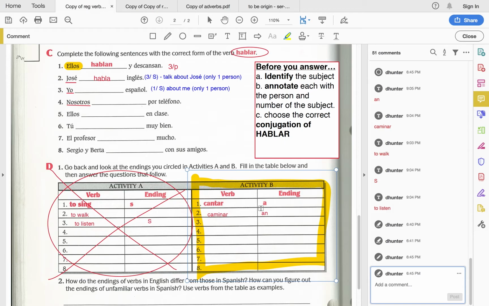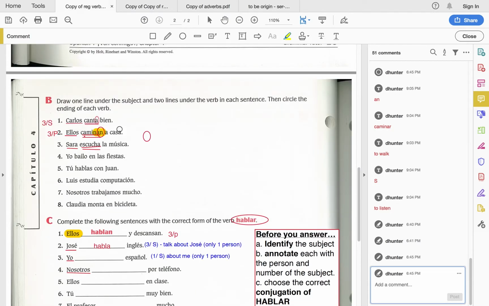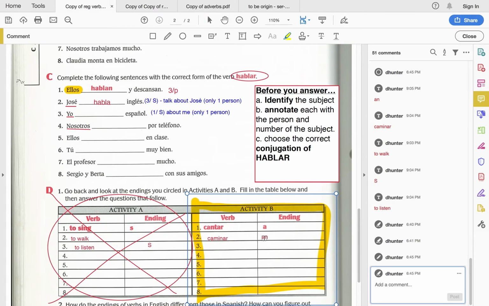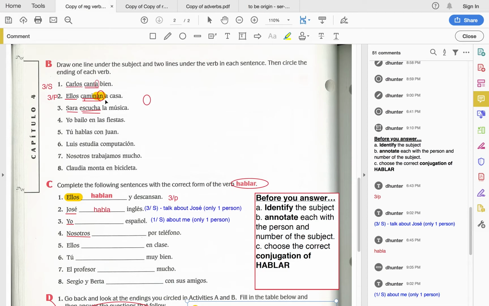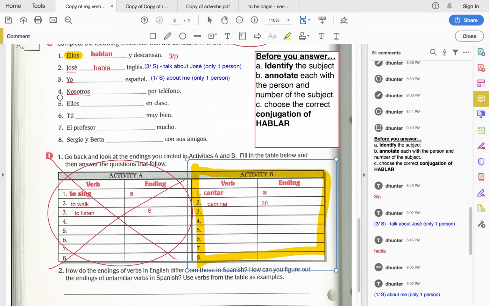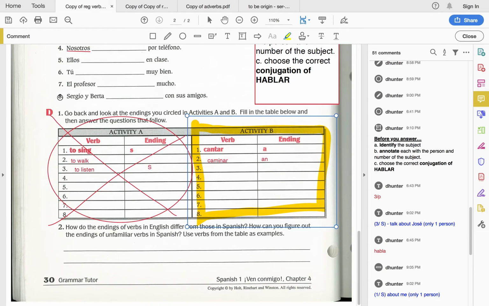Based on number 1, we can see from activity B, cantar uses an A ending, removing the AR and adding an A. Número 2, caminar uses an AN ending, removing the AR and adding an AN because it is third person plural. This is just our test to be able to see and recognize verb endings. You should have them circled in activity B if you completed the activity all the way. Read the question below and then complete your practice as instructed. Buena suerte y nos vemos en clase.